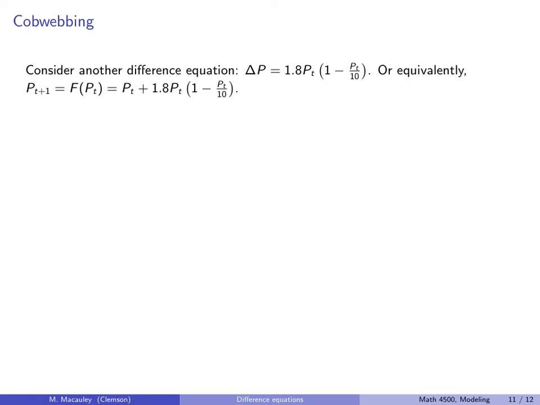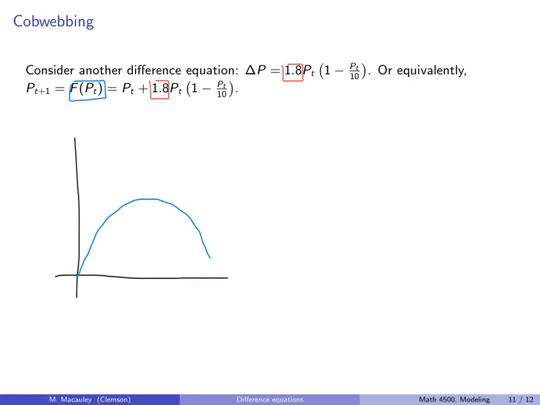Okay, so let's consider another difference equation. This one's almost the same as before. The only difference is instead of 0.8, now we have 1.8 here. So the 1.8 appears here. And now the main difference is that if you plot this function, f of x, that is a parabola.